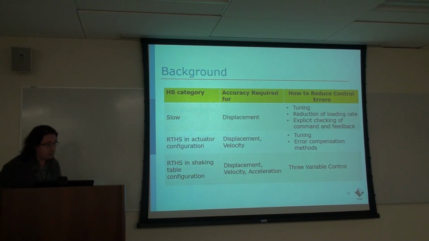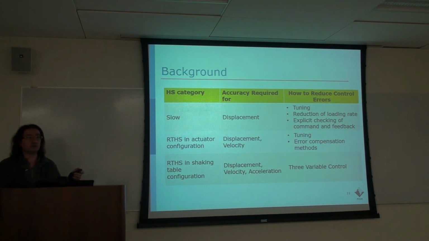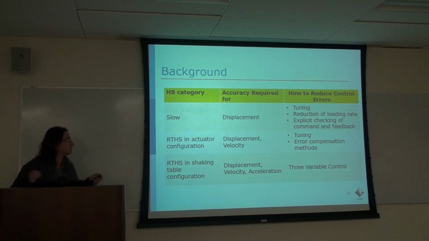I have this slide. For different hybrid simulation categories, we have different accuracy requirements. For slow testing, we don't need to control velocities or accelerations because they are not important. We are basically applying the displacements, so the main parameter that needs to be controlled accurately is the displacement.